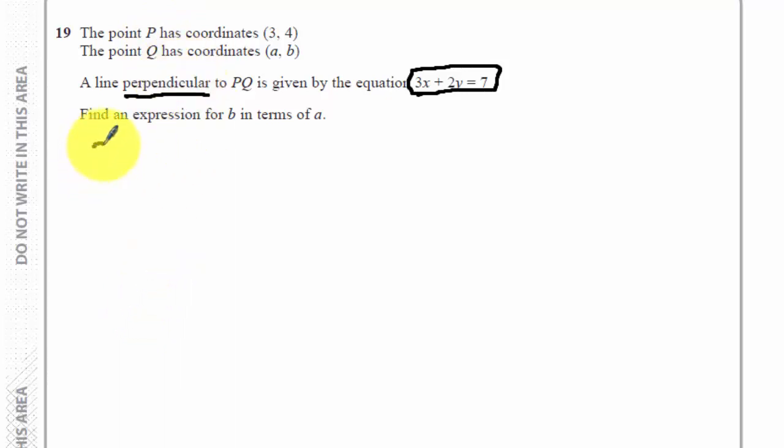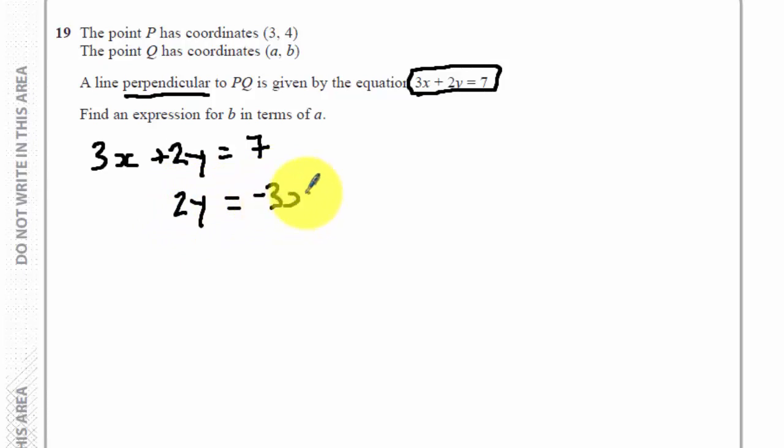So my first step is to take 3x + 2y = 7 and work out what the gradient is, what's the steepness of the line. To do that, we need to get it in the form y = mx + c.